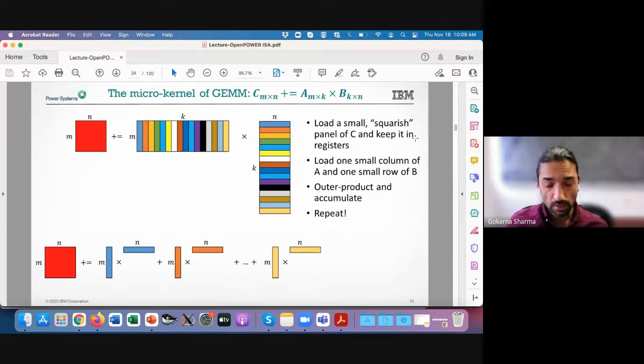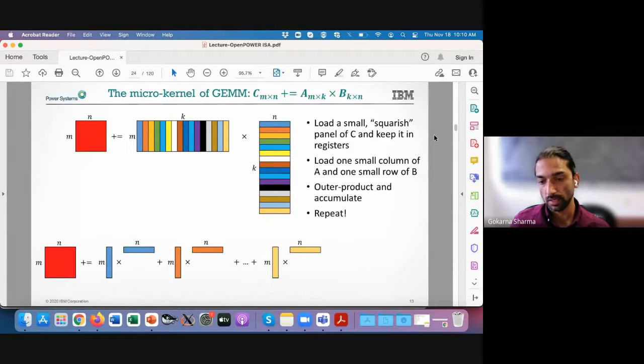And the computation cannot go further below than this. Okay, this is the last level where you do the computation. So you load a small squarish panel of C, so m times n, right? And keep it in registers. So you load it, and then you keep it in registers.